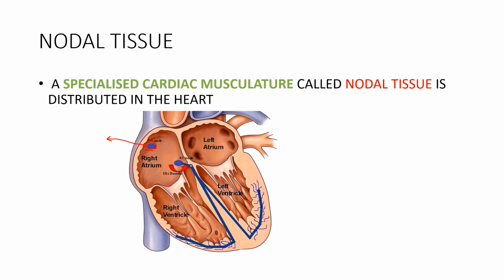In the same way, the AV node is located on the lower left corner of the right atrium. The lower left corner of the right atrium contains the atrioventricular node. This atrioventricular node runs downwards into the ventricles and passes through the interventricular septum.